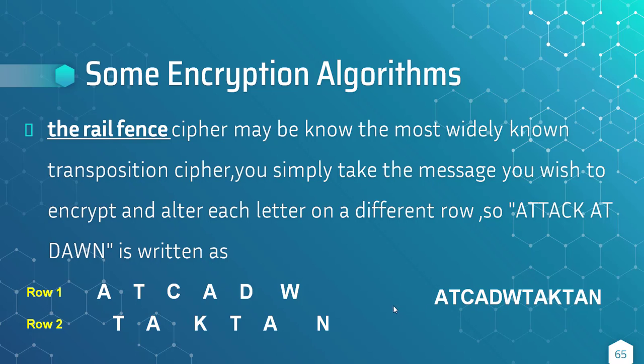So I write the first row here, as we see, and from here I write the second text in the second row. The recipient reconstructs the original message. Most texts use 2 rows as examples. However, this can be done with any number of rows you wish to use.